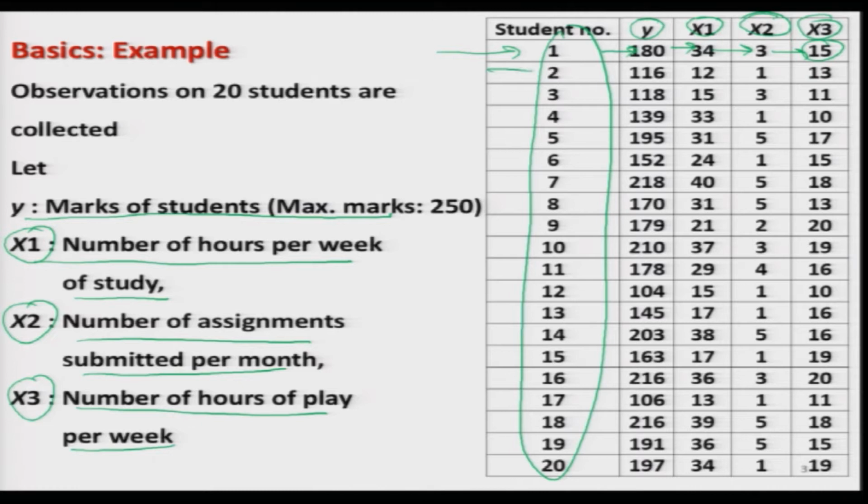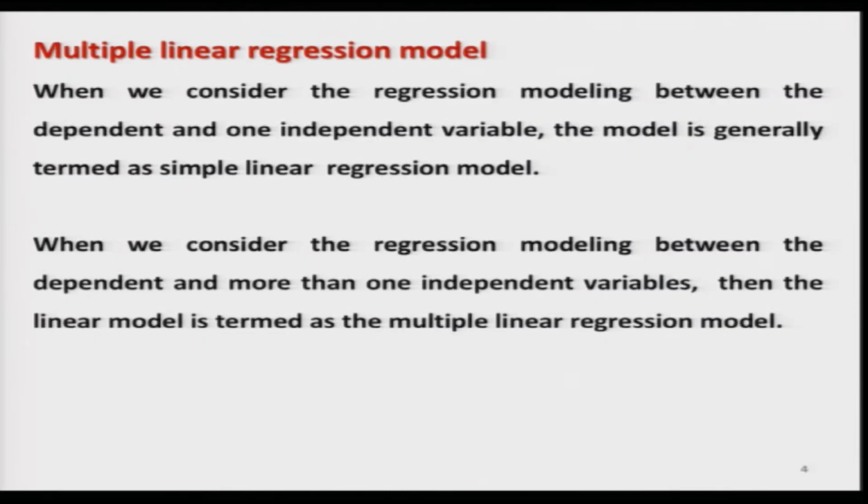Similarly, student number 2 has got 116 marks out of 250, studied for 12 hours every week, submitted 1 assignment in a month, and played 13 hours in a week, and so on. This data is collected for all the 20 students. Okay, so I believe now that x1, x2, x3 affect the values of y.